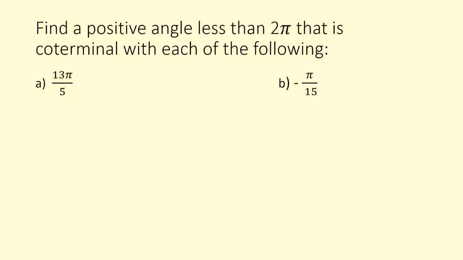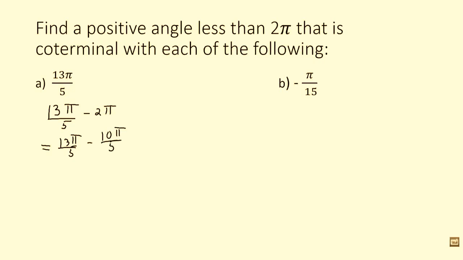So we have 13 pi over 5 minus 2 pi, but 2 pi can be expressed as 10 pi over 5.